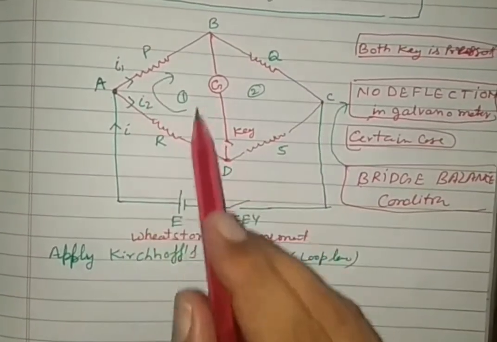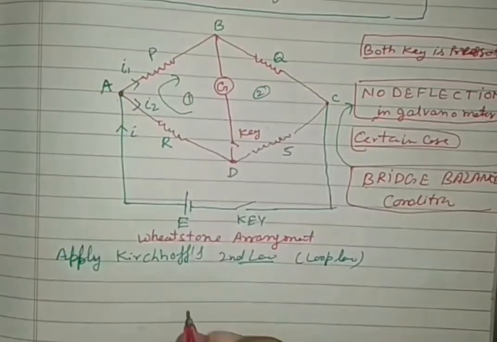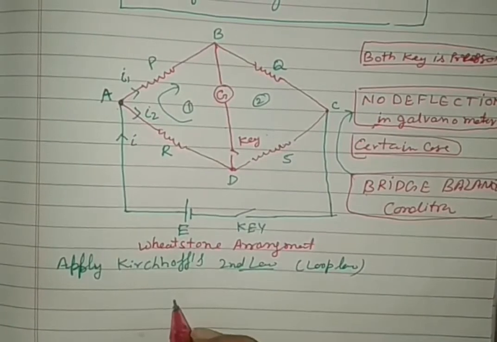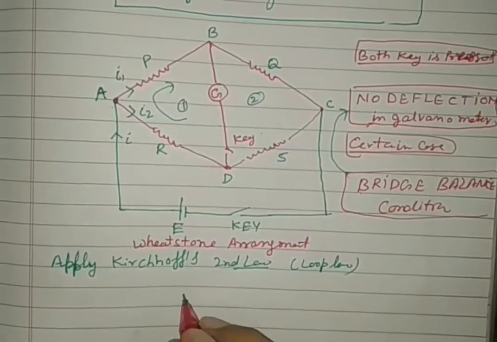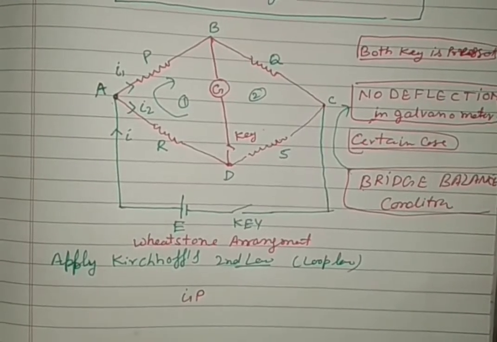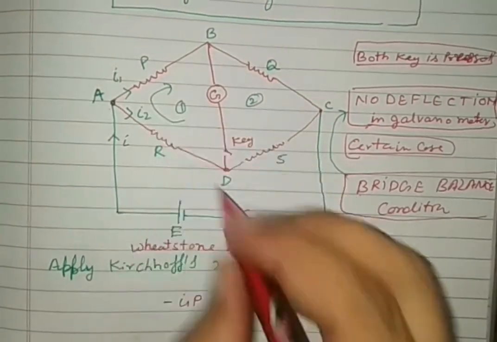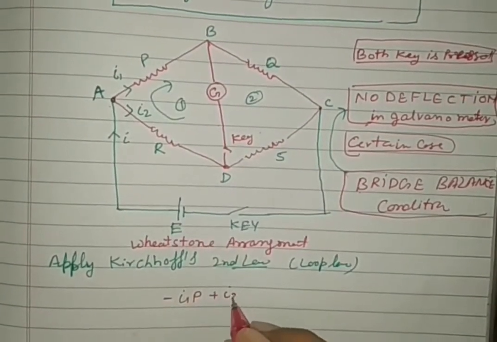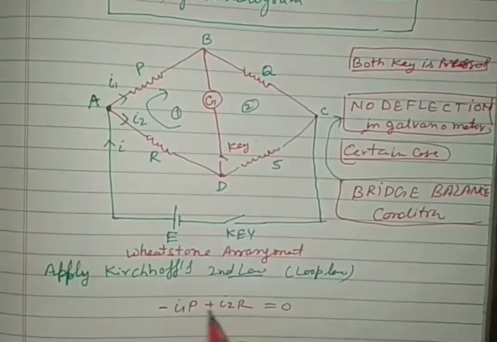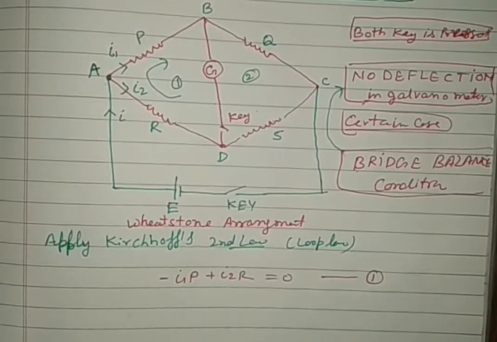The net potential in a loop is equal to the total EMF. So here there are two resistances and no cell. So it is I1 in P with negative sign, and here I2 in R, and no cell in this mesh. So it can be represented by equation 1.